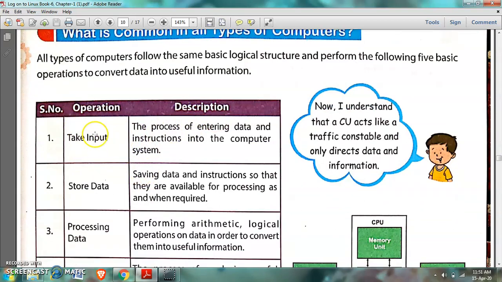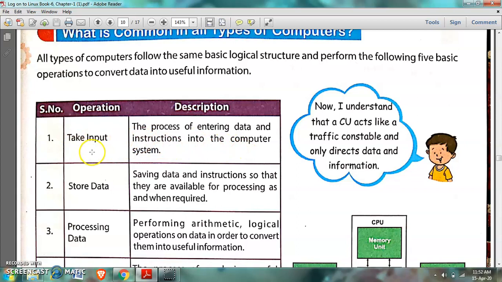First of all, the computers take input. They take input from the user or from the input devices. It is the process of entering data and instructions into the computer.